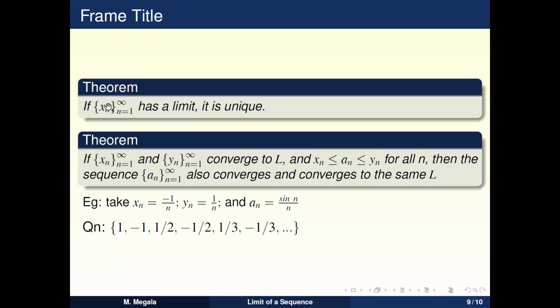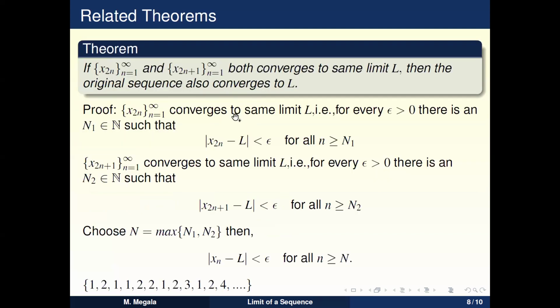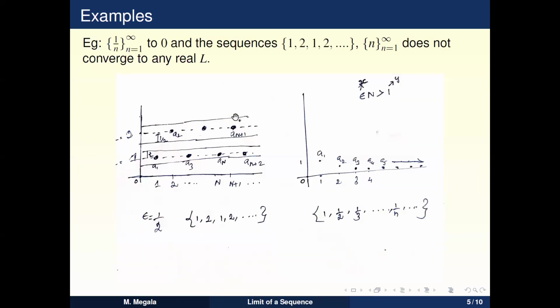And one more thing, if xn has a limit, it is unique. It means it cannot converge to two points. How? Suppose you assume this is L1, this is L2, and xn converges to both. I know for every epsilon there is a neighborhood of L that contains all these xn points. In a similar way, L2 is also a limit point.